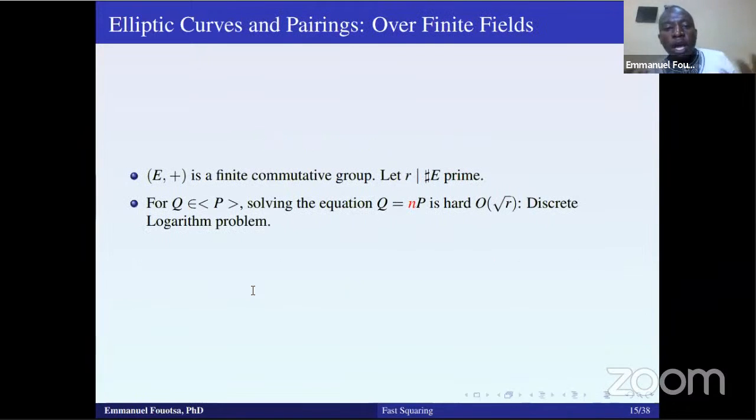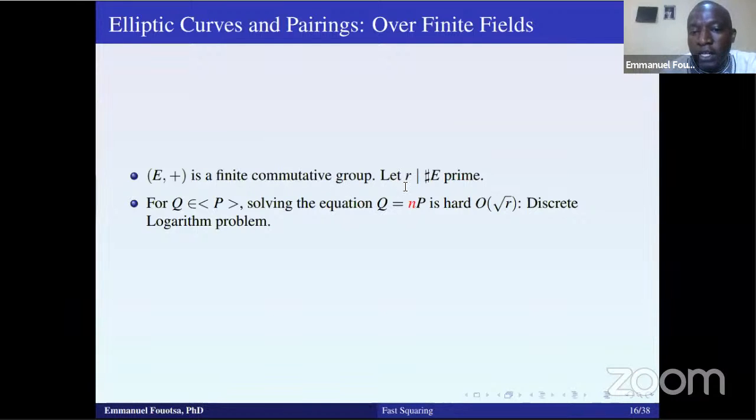Good. So now, over the set of rational points of an elliptic curve, we know that we can define a group structure, the addition law. And if the curve is defined over a finite field, the corresponding group is a finite group.